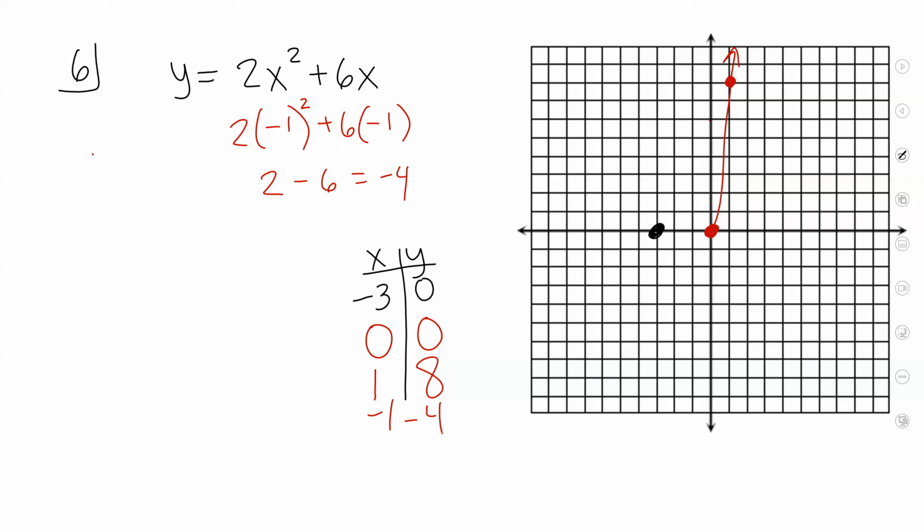So at -1, I'm down here at -4. All right. And guys, it's going to look something like this. Yeah, it'll be a little bit down. I don't feel like plugging in a decimal, but if you plug in -1.5, you'll be down here somewhere. I'm just going to estimate it. But that's what your graph would look like.